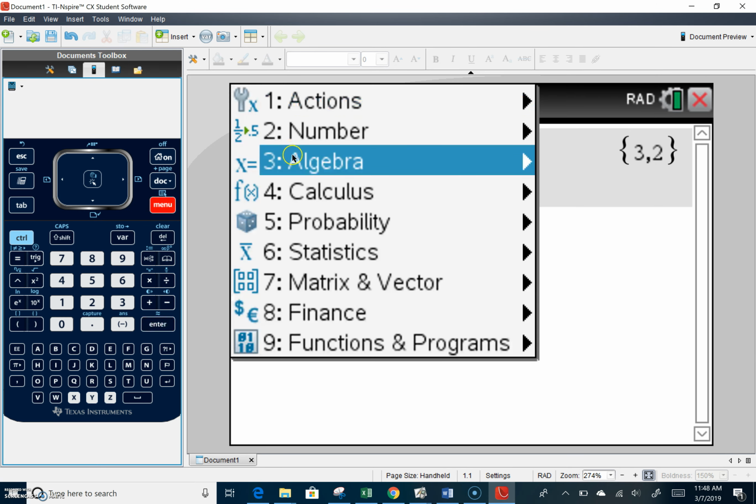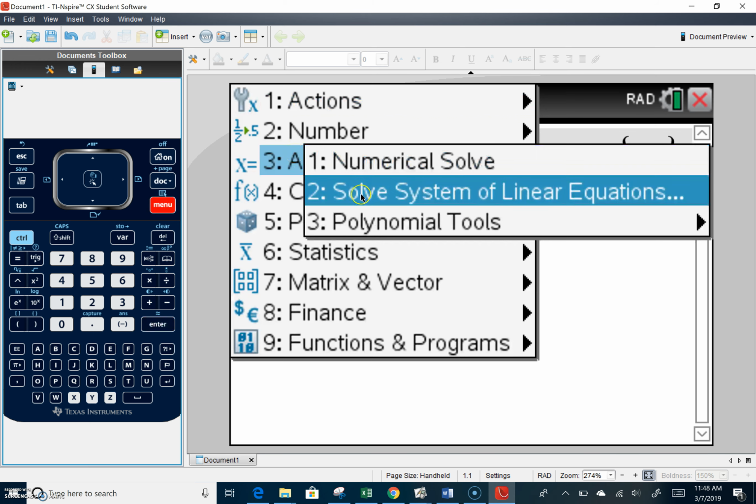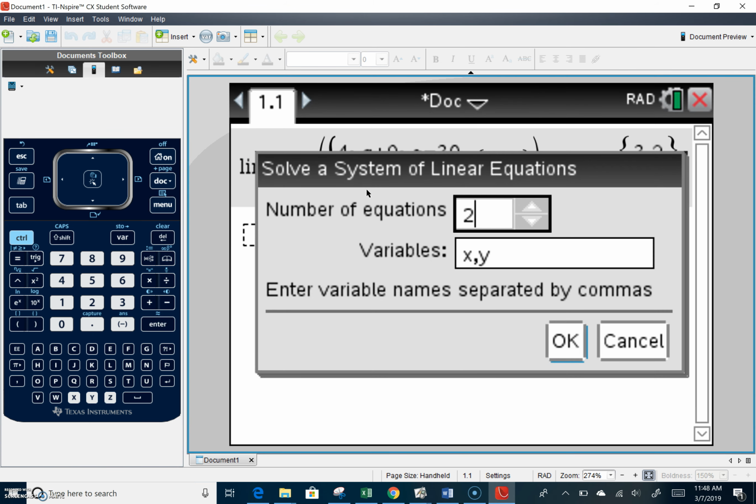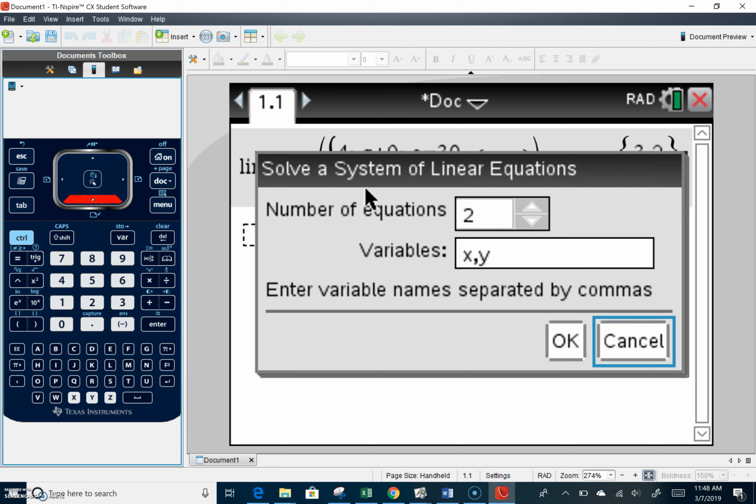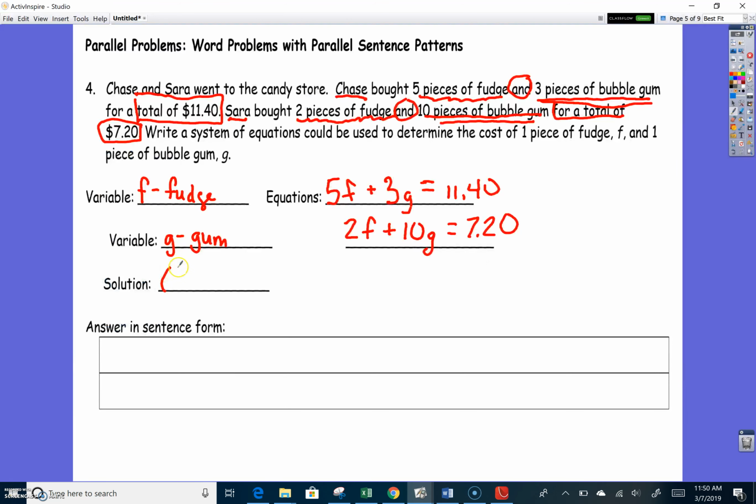Menu, algebra, solve systems, 2, and I'm going to change this to, my calculator is going crazy, but you should have 2.10, comma, 0.3.